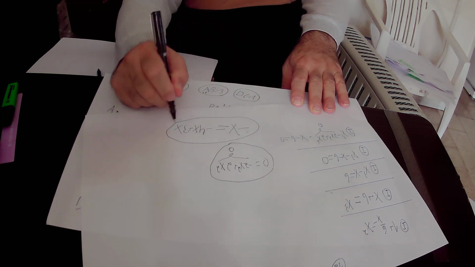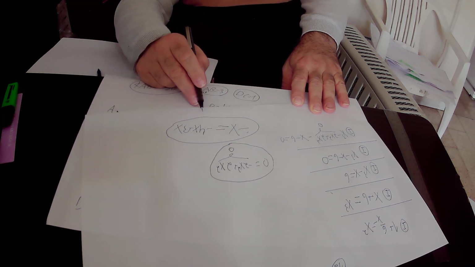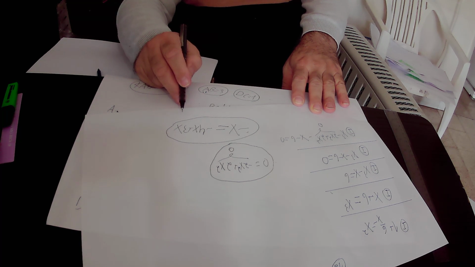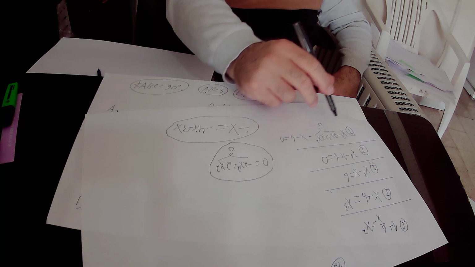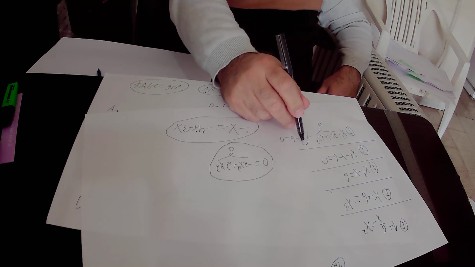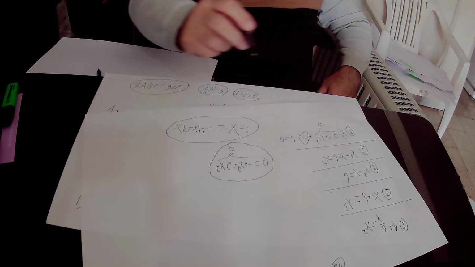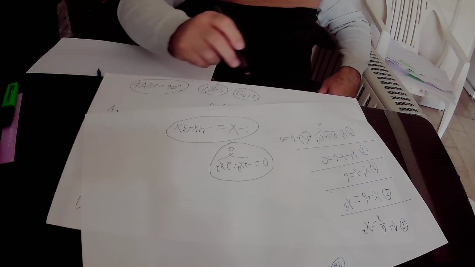I will repeat again, minus x equals minus 4x plus 3x. So we will substitute minus x in equation number 1, this minus x, by minus 4x plus 3x.